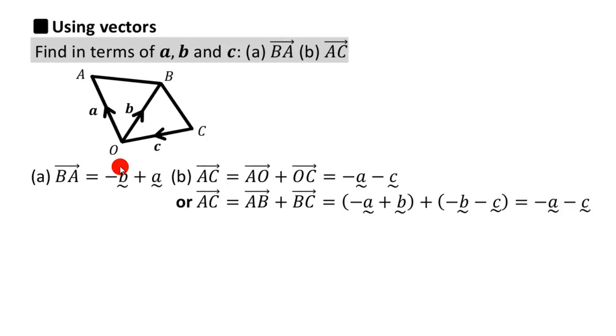I don't know if you've tried it, but I have, and it's very messy. So what you're expected to do instead is put a squiggly line underneath it. So that means that's a vector. It means minus b of some vector and plus a of this other vector called a, basically. So basically it's saying from B to A, the answer is minus b plus a.